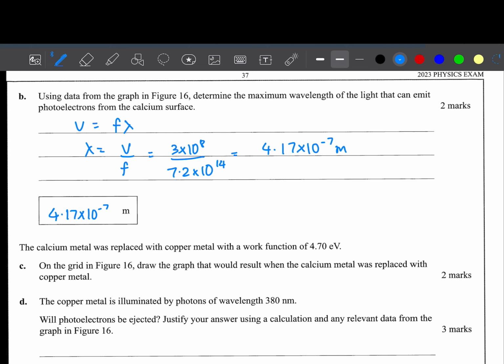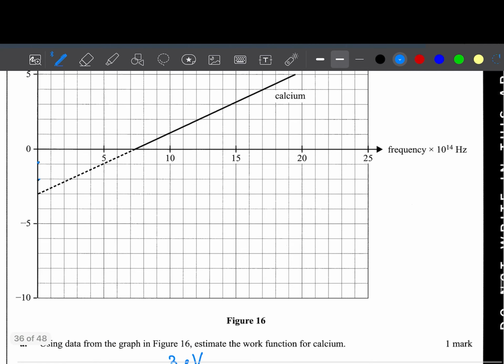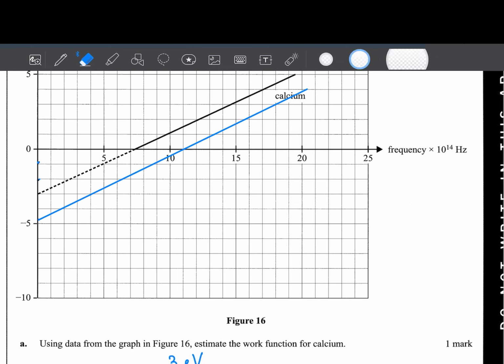The calcium metal was replaced with copper metal with a work function of 4.70 eV. Right, so 4.7 would be somewhere here. If I were to try my best to draw a line parallel to this, that looks pretty much parallel, so it's going to be like that.